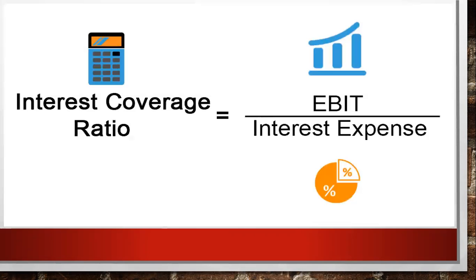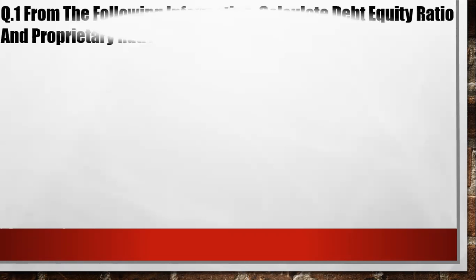Last, the interest coverage ratio, that is EBIT upon interest expense. In EBIT, you have to take the pure net profit before paying the interest and tax amount. We'll see an example, so we'll come to know everything.